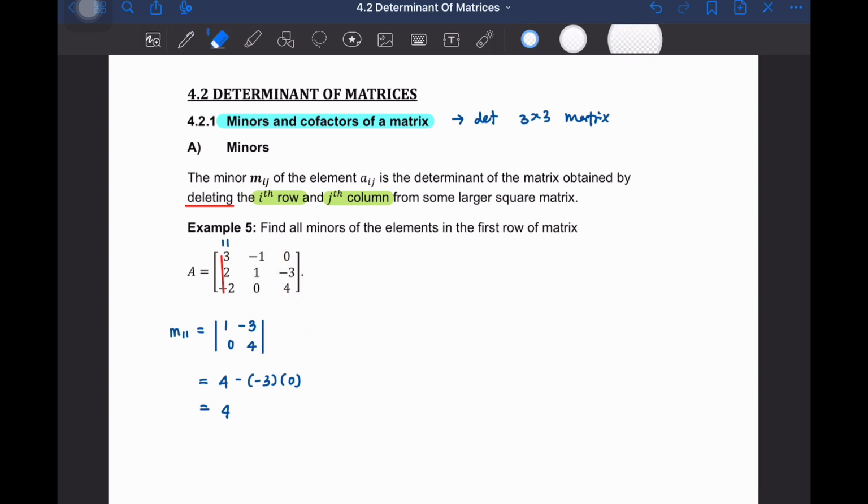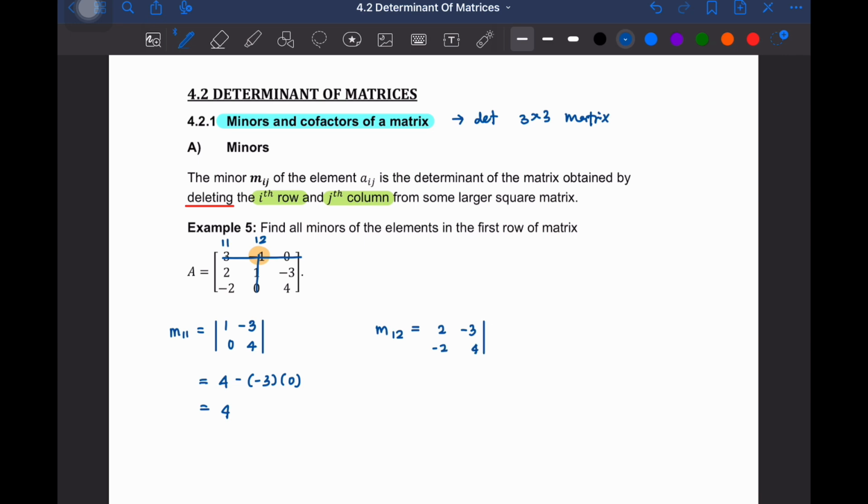So now moving on. So let me erase this one. Okay, so now we want to find for this element, negative 1. Okay, so negative 1 is located at the first row, second column. Okay, so we are going to delete this first row and this second column. Okay, so we will write M12 equal to, so the element that is left is 2, negative 3, negative 2, and 4.